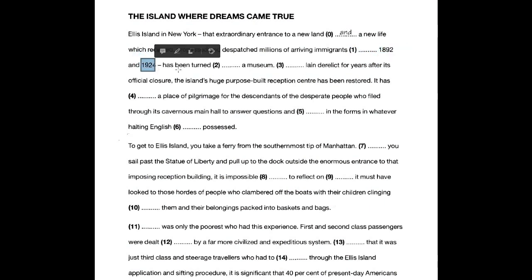And that's why between is the correct answer, and not in and not from. From could be correct if we had to here, from 1892 to 1924. So I hope that's clear. So we want, number one, the preposition between.